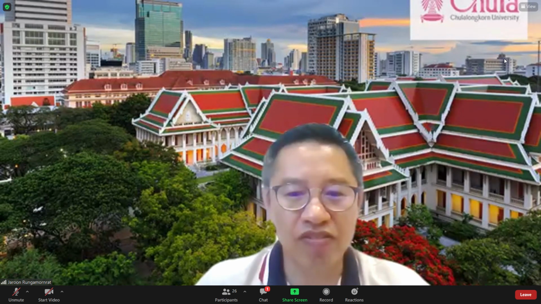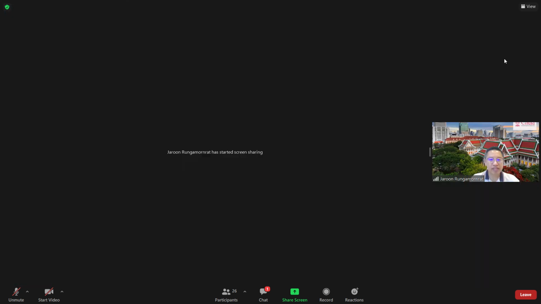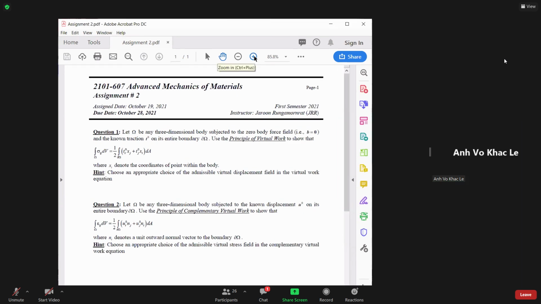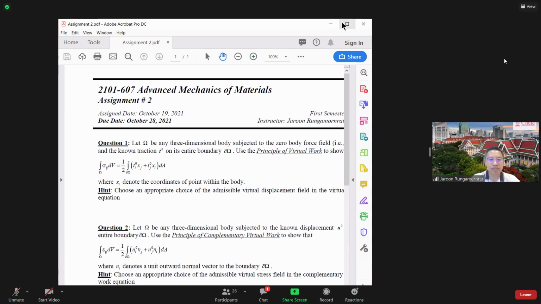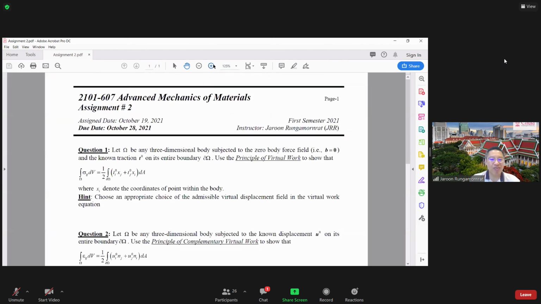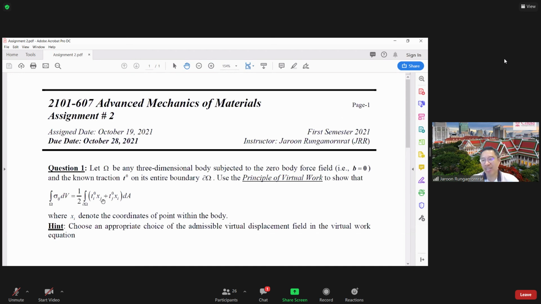Let me share this for 1 minute before I finish the session. Can you see the PDF file here? Take a look at the problem statement. If you take a look at question 1, the term on the right hand side, you should think about how to relate this to the term in the virtual work equation.